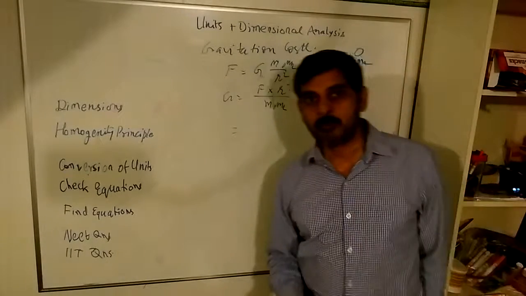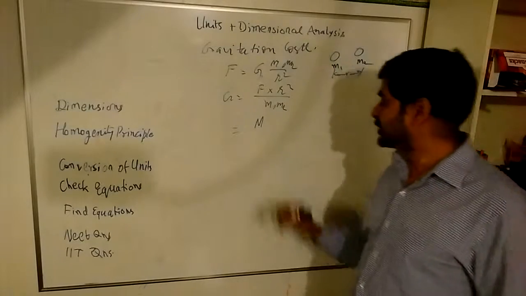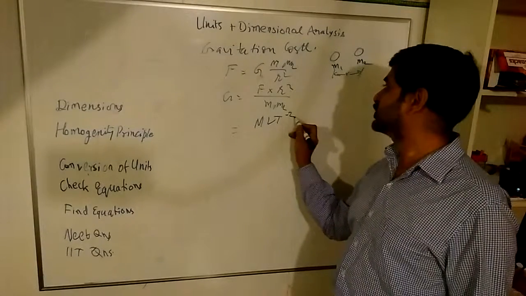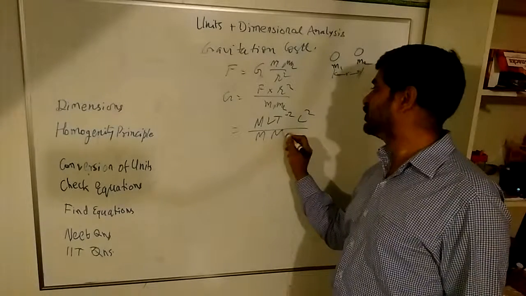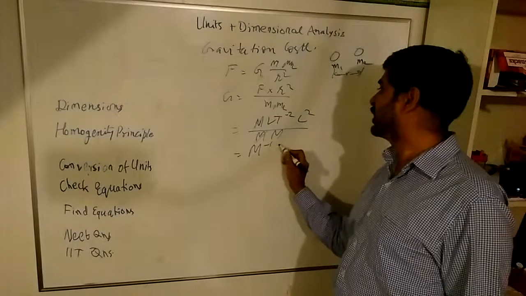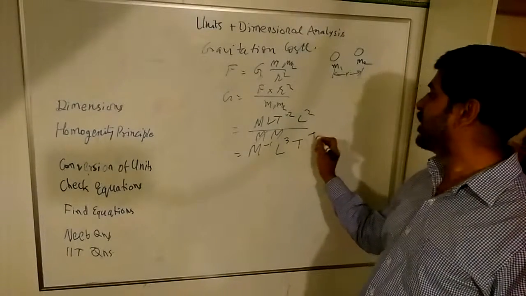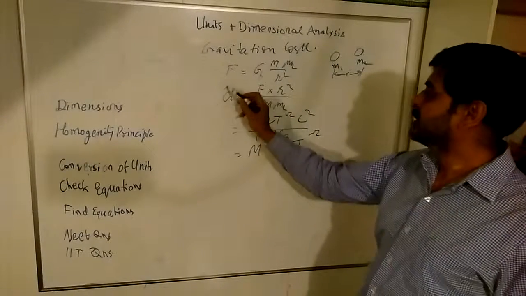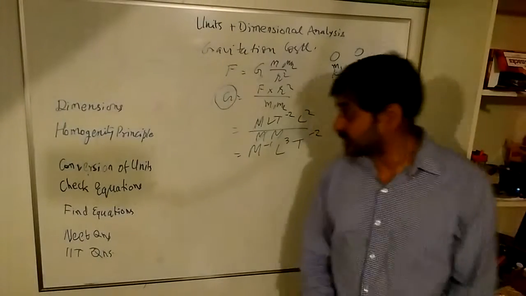Force is mass into acceleration, which is M L T to the power minus 2, radius square is L square, m1 m2 is M into M, M goes away and this becomes M to the power minus 1, L and L square is L cube, T to the power of minus 2. So this is the dimensional formula for the gravitational constant.